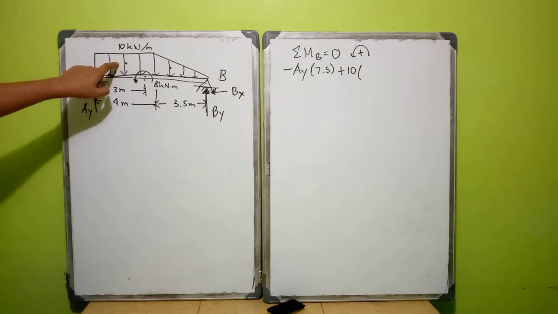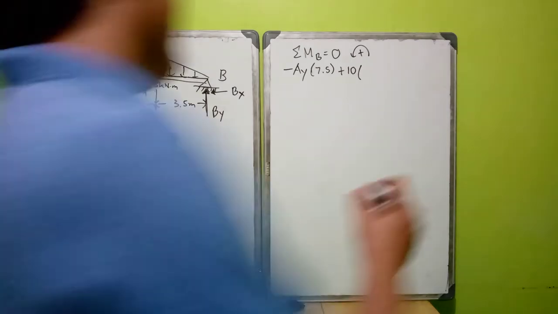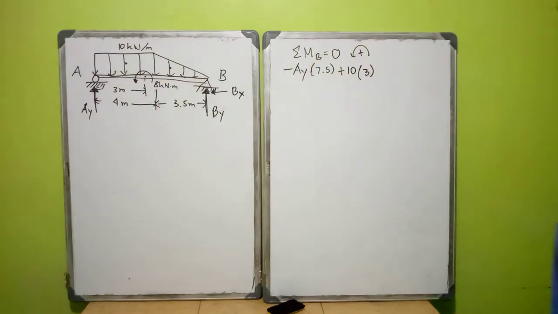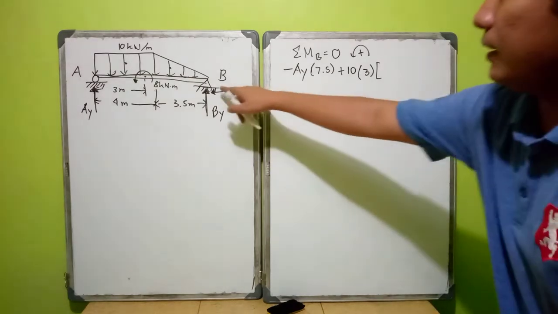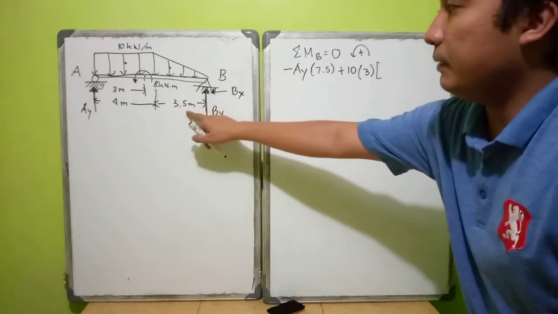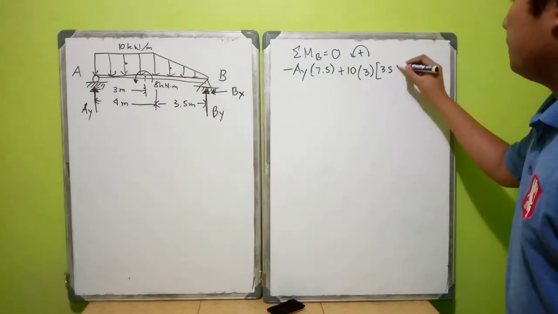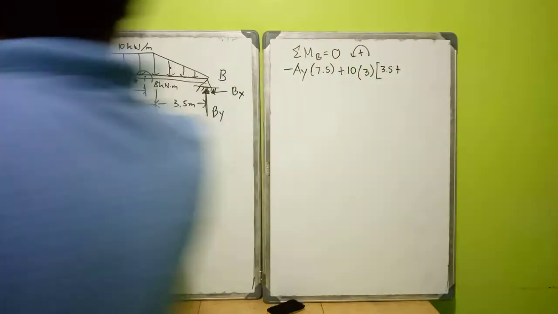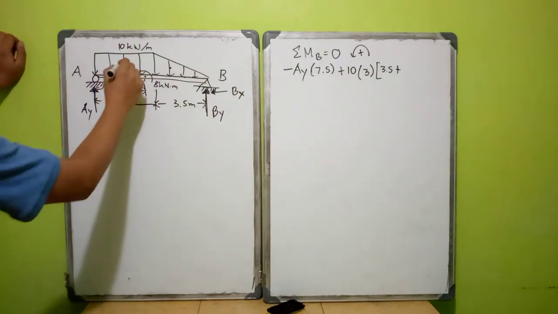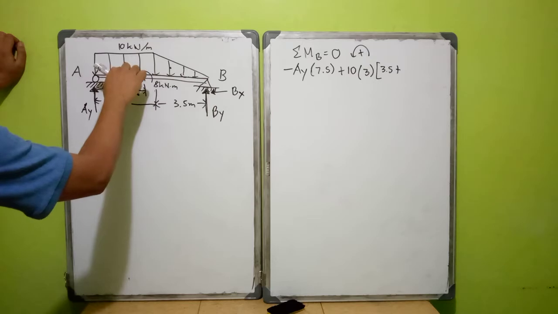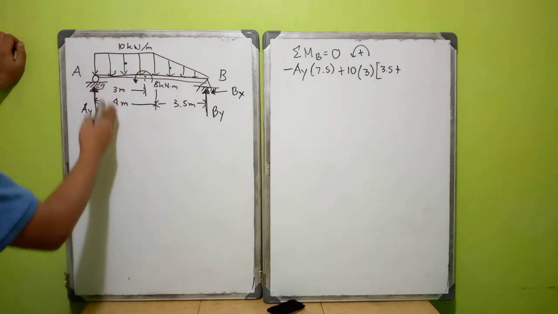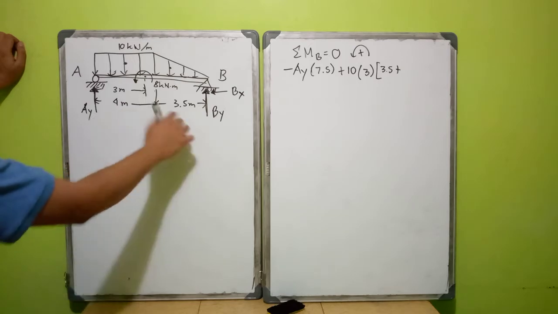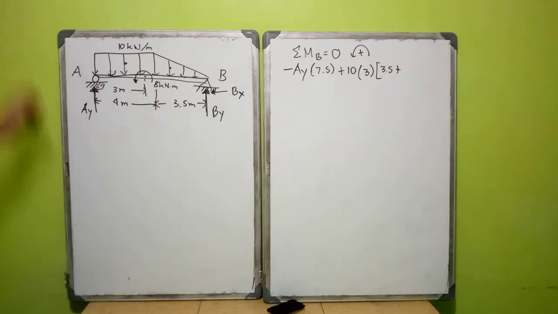For the rectangular portion of this loading, the 10 kilonewton per meter has a length of 3.5... we multiply it by its length and then by its moment arm relative to B. The moment arm relative to B is 3.5 plus half the length of the rectangular distributed load, because the center of gravity of a rectangle is located at L over 2, and the L here is 4. So we have 3.5 plus 4 over 2.